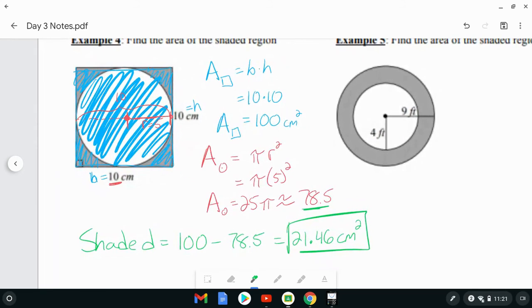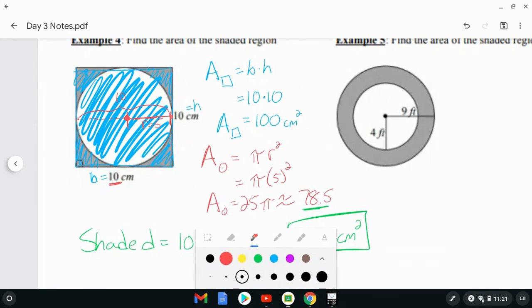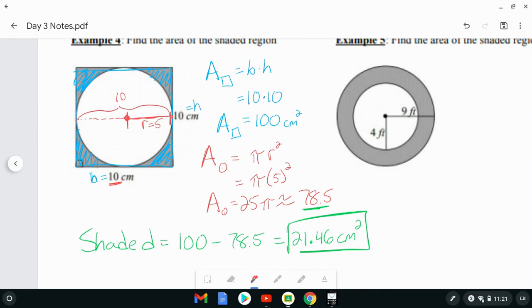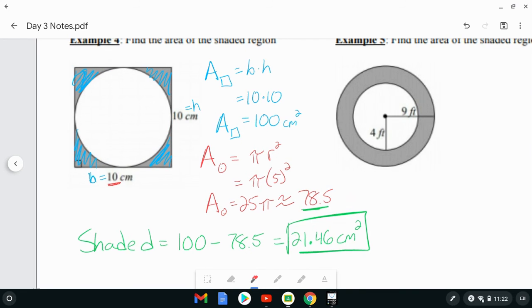We have the blue part. That's the whole thing. We take the red part, which we just found is 78.5, right? And when I take away that red part from the blue part, what you're left with is just that blue part. Okay? So that's how we end up finding the area of that shaded region.